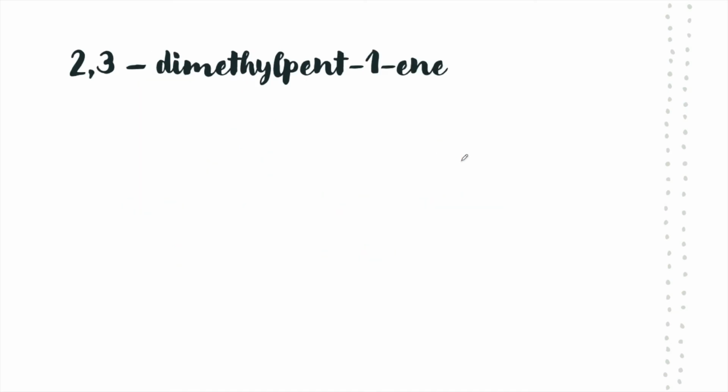Our final example is something slightly more complicated. We are going to be drawing 2,3-dimethylpent-1-ene. So as in my previous examples, I'm going to start with my parent alkene. Pent means I have 5 carbons in a chain.